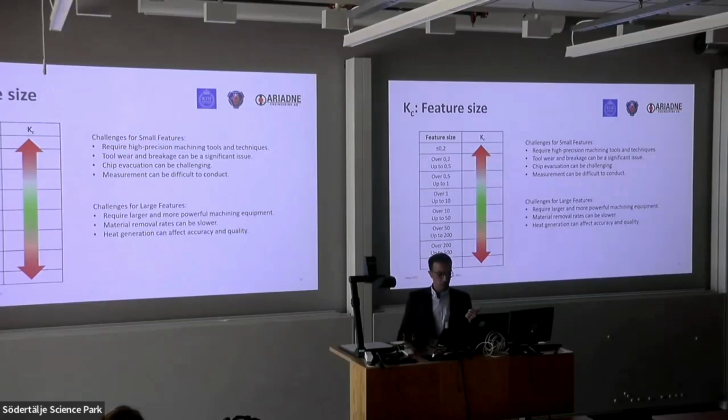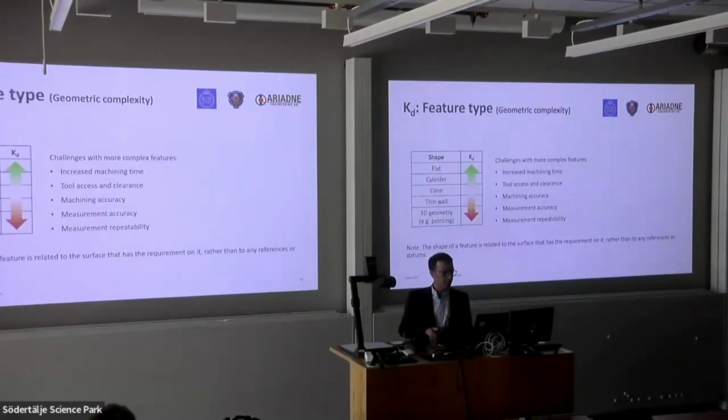It requires more power. We need to remove material. So when we think from the cost point of view, it would be more challenging. And the final parameter from the design point of view is the feature type. As you have a more complex feature, it would be more challenging to produce.